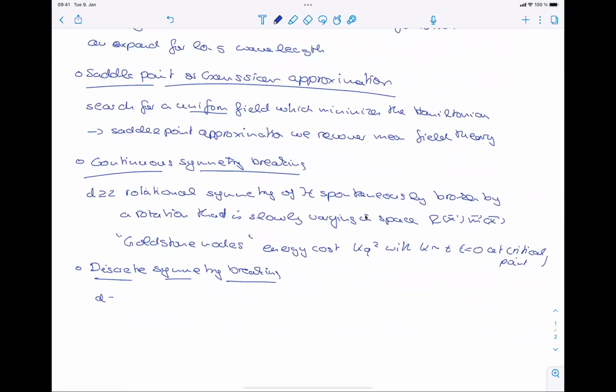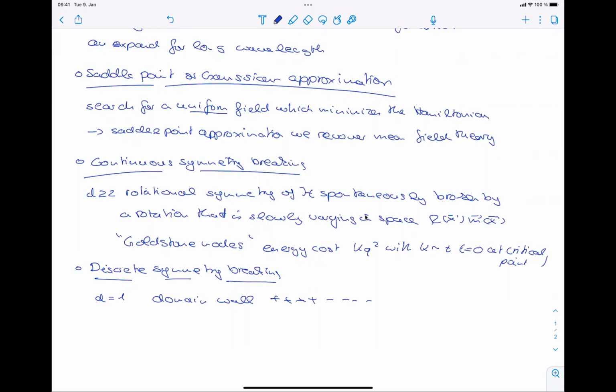So this is, for example, for d equal 1. And what we can have here is domain walls, which just means that we have plus signs and then eventually minus signs, spins being aligned.